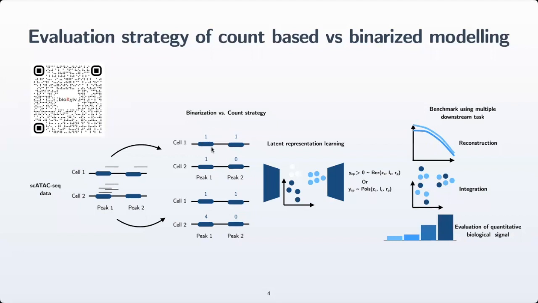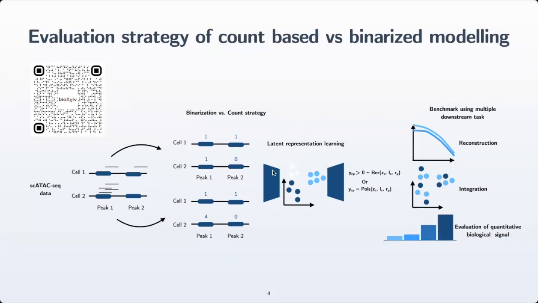Does it have a read aligned to it, or is it not accessible, or was there just no read captured? So this is very, very often employed in single-cell ATAC-seq data, and we looked into if this is actually a good idea, or if we could improve the modeling by using the actual count data, and if there's also quantitative signal in our single-cell ATAC-seq data.